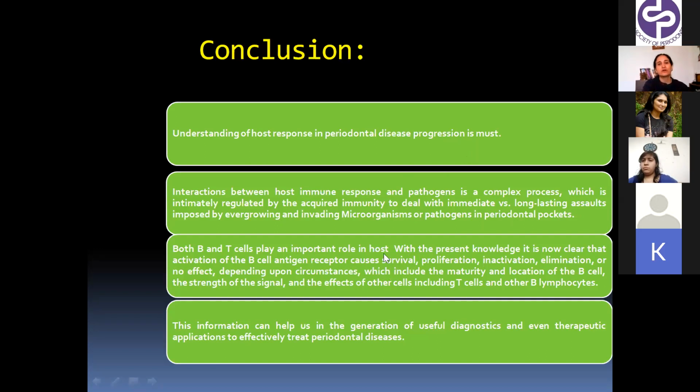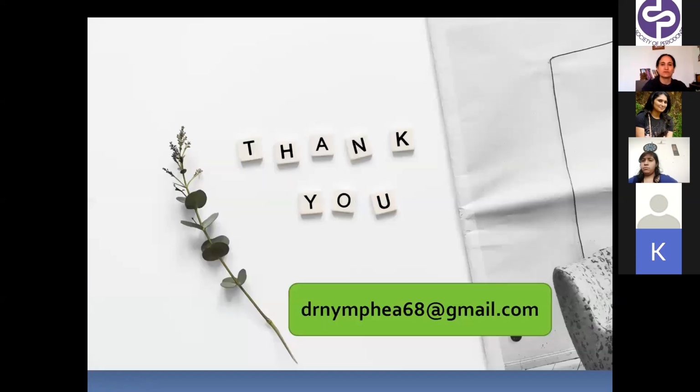Both B and T cells have an important role to play. With the present knowledge, it's clear that activation of the B cell causes survival, proliferation, inactivation, elimination. B cells have different types of actions. This information can help us in generating useful diagnostic and even therapeutic interventions, which is why we are studying this complexity.